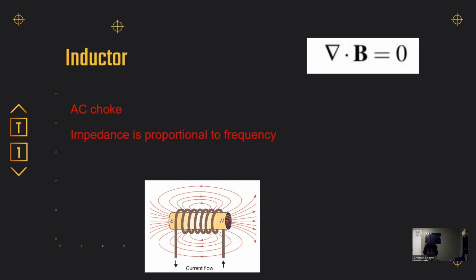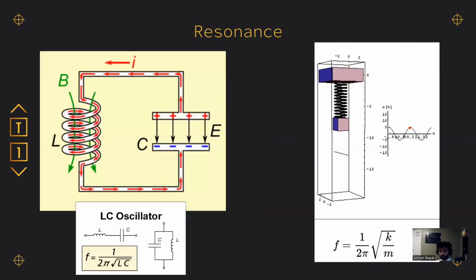So it's kind of acting as an AC choke. We straight up have a connection from one side to the other. So at low frequency, DC can just travel across because it's just a conductor. But as you start jiggling that frequency, your impedance will increase, and theoretically, it'll hit infinity. If you start jiggling that frequency, no current can really flow through.